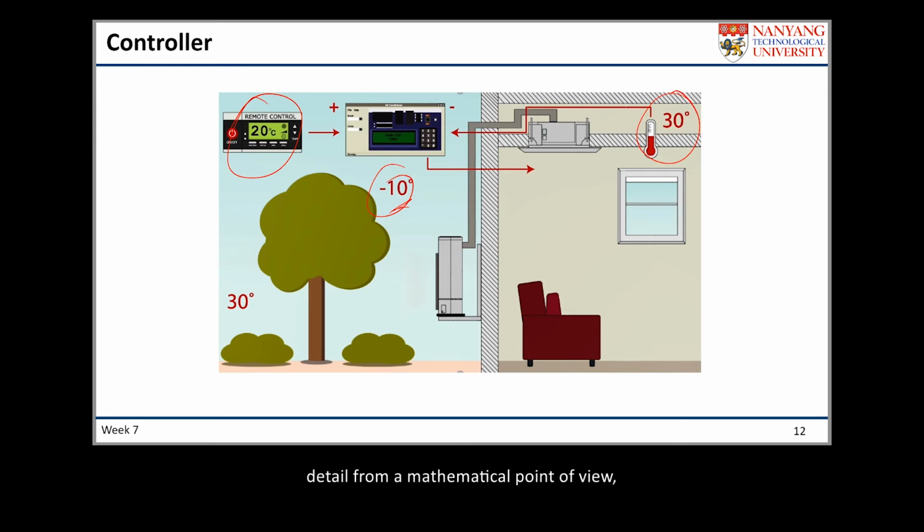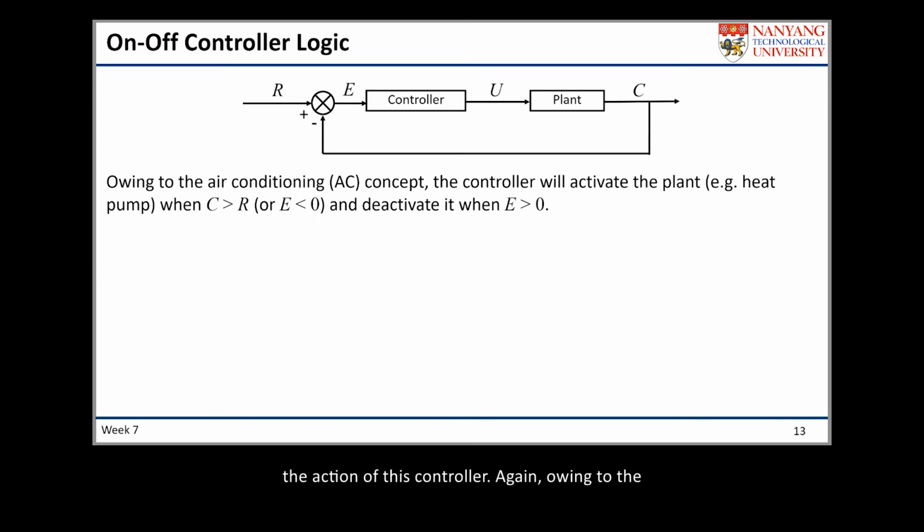Let's talk in a bit more detail about the action of this controller from a mathematical point of view. Okay, again, owing to the concept of this air conditioning system, I want to describe this controller action in a more scientific way. The logic of this controller, as we know, and we discussed this many times, will activate the heat pump when the room temperature is higher than the setting temperature. So C is the room temperature, R is the setting temperature.